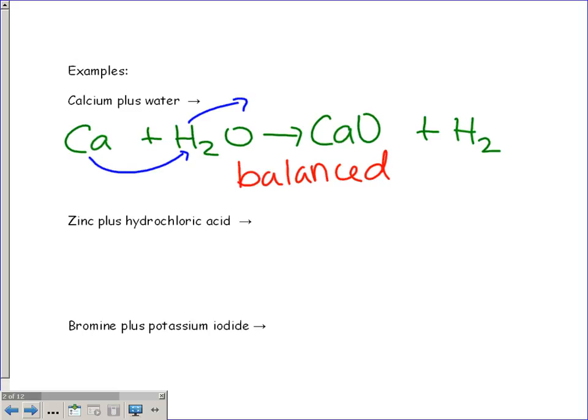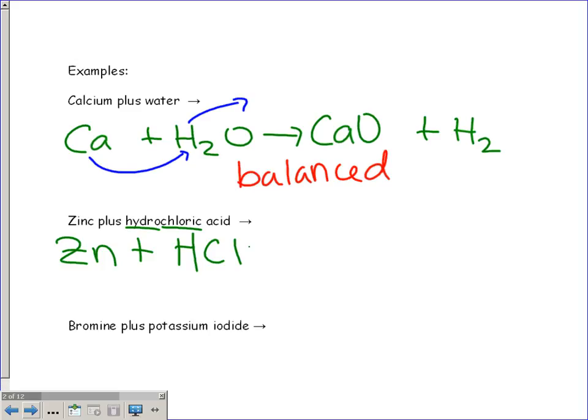So this is the process we're going to take for every single replacement reaction. So zinc plus hydrochloric acid. Zinc's chemical symbol is Zn, plus hydrochloric acid. Hydro means it's a binary acid, so it's only H and another element. Chloric means that the other element is chlorine, so HCl.